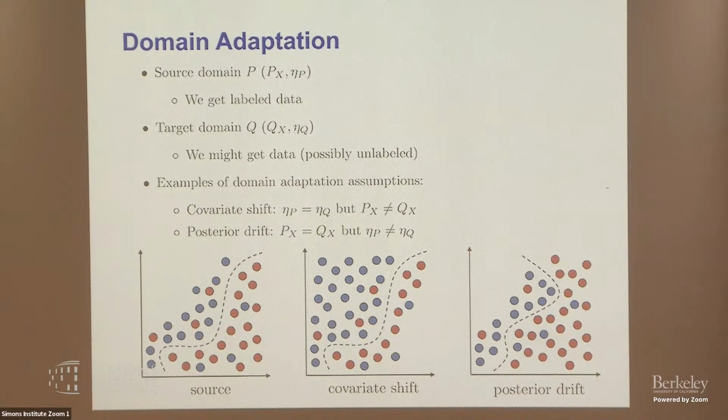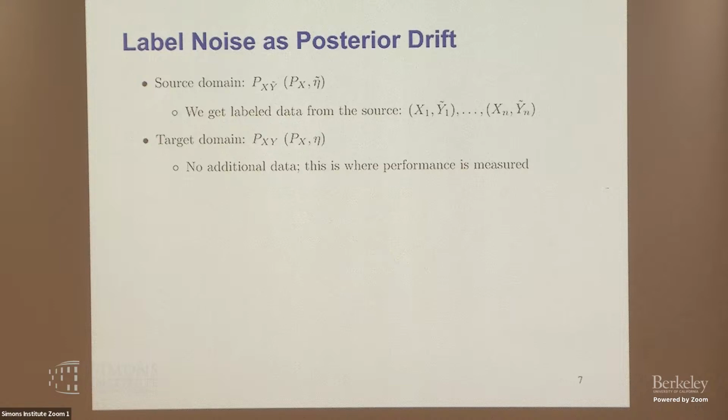All right, so now I'm going to take this perspective and revisit label noise. We can basically think of classification with label noise and posterior drift interchangeably. That's the basic idea. So the source domain is going to be our noisy data distribution. It's characterized by the X marginal and what I'll call the noisy posterior, eta tilde.